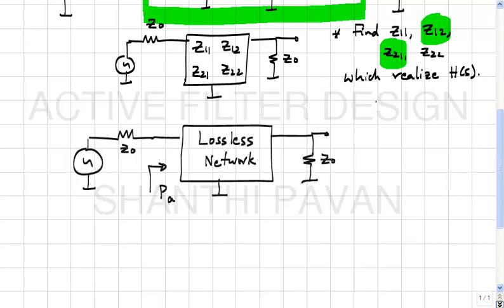Alright, PA is the power dissipated to the right of the green line. Now, what can you say about, can we make any comment about Vo?